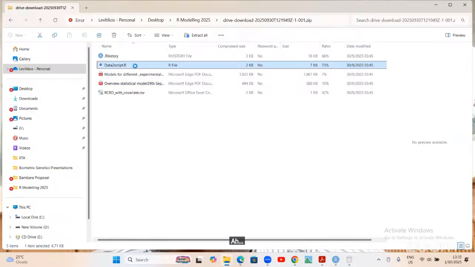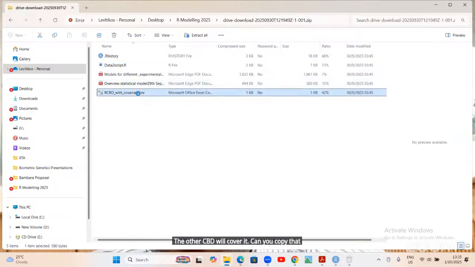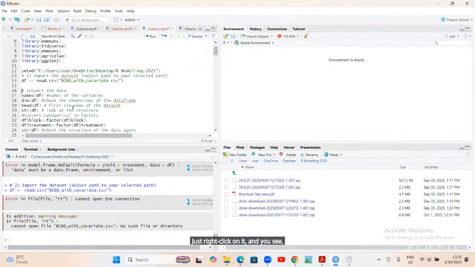Can you go and copy that file there? The one down, the RCBD with covariate. Can you copy that? Let me try. Just right click on it. I've copied it.